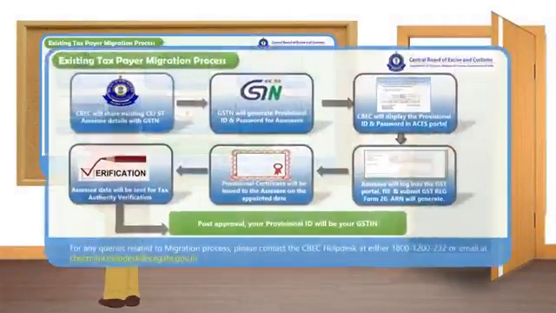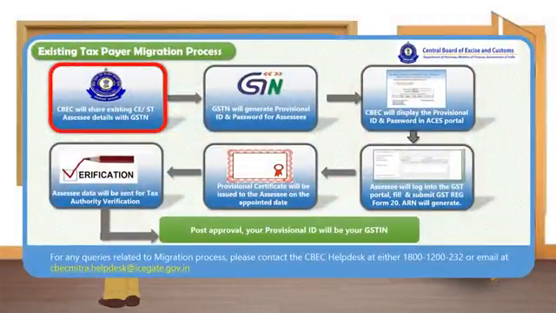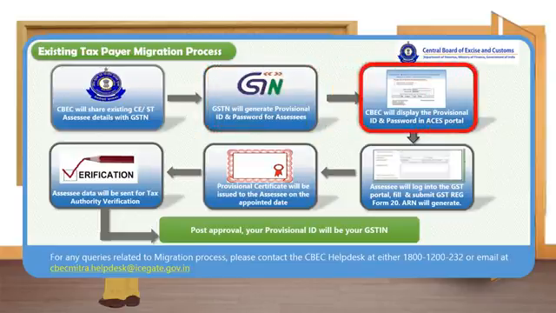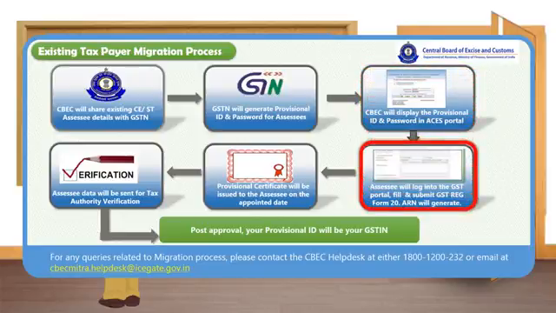Based on the Service Tax or Central Excise taxpayer details shared by CBEC, GSTN creates their provisional IDs. Taxpayers can get these provisional IDs on the homepage of the ACES portal and use the same to log in to the GST portal. On the GST portal, they have to fill in and submit the registration Form 20 along with the relevant document.